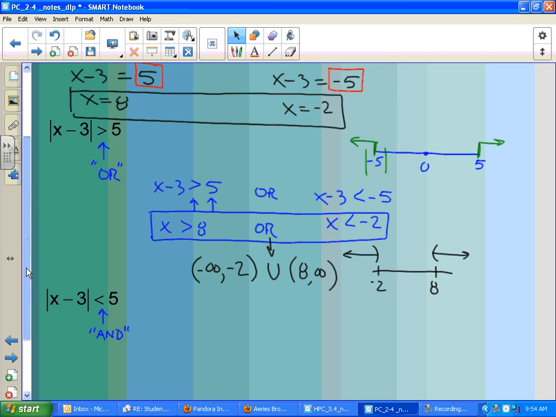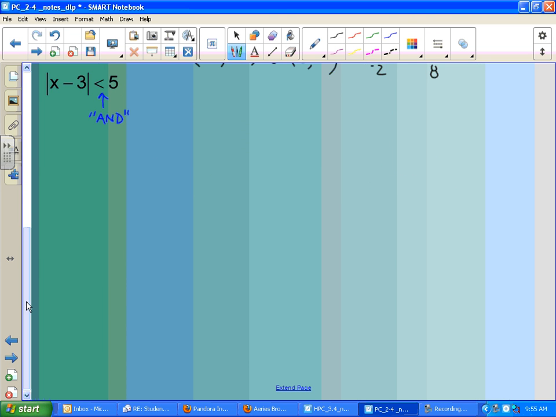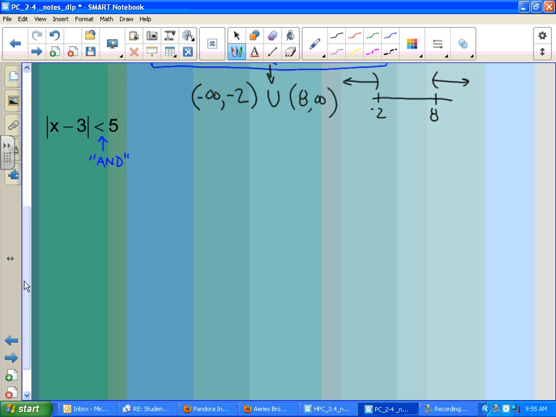All right. So in this next one, when we have the less than, here we have an and problem now. And it doesn't set up any different, but it looks different in terms of its solution. So x's are now positive guts, x minus 3 less than 5. I'll just write the word and in here, but we don't need to actually keep that. Write our solution.